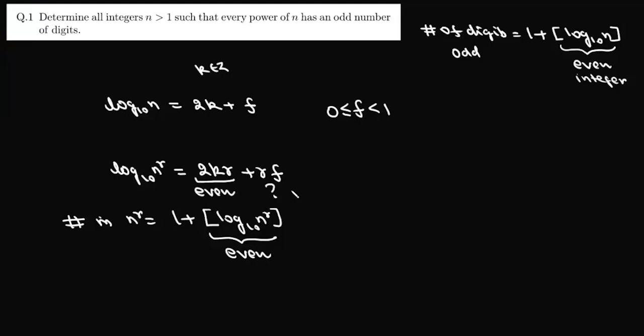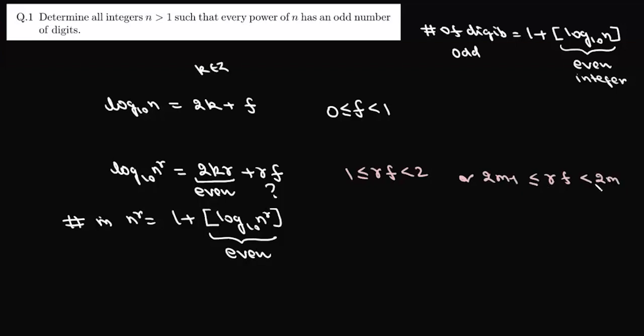Now what about this rf? The problem is, if we multiply r with f, it is possible that rf lies between 1 and 2, or in general rf may lie between some 2m minus 1 and 2m.